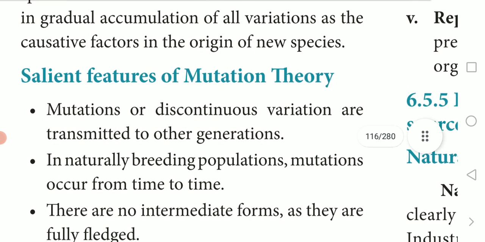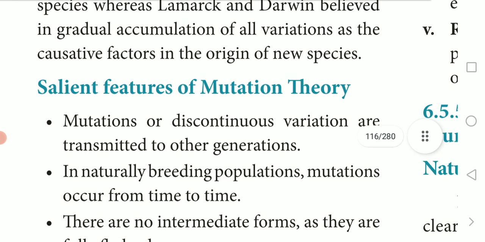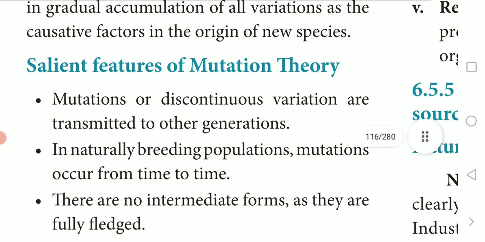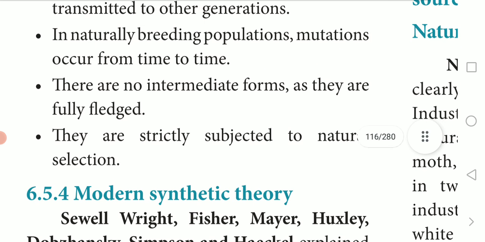The next topic is the salient features of mutation theory. Mutations or discontinuous variations are transmitted to other generations. Mutation means a sudden or random change occurs in an organism.